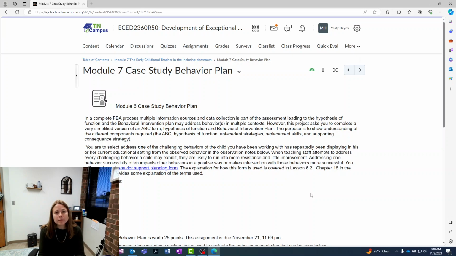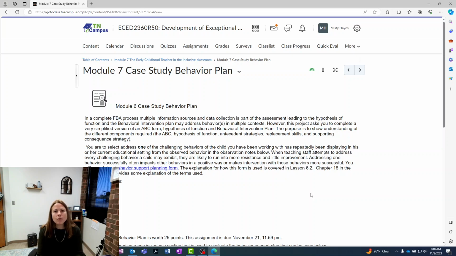That way we can build an intervention plan to address those behaviors in lots of contexts and areas. So this project is asking you to complete a simplified version of an ABC form. ABC stands for antecedent, behavior, and consequence. So we look at the hypothesis of function and the behavioral intervention plan.